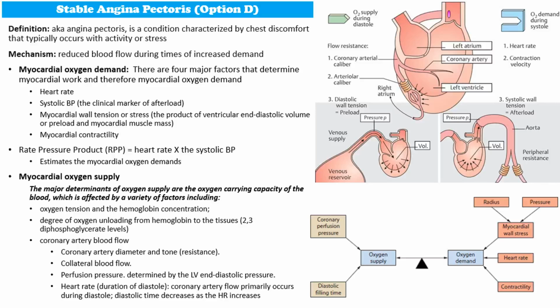Myocardial oxygen demand is primarily determined by heart rate, contractility, and ventricular wall tension. An increase in heart rate raises the frequency of contraction, thus increasing oxygen demand. Contractility, referring to the strength and speed of heart muscle contractions, also elevates oxygen demand when enhanced.